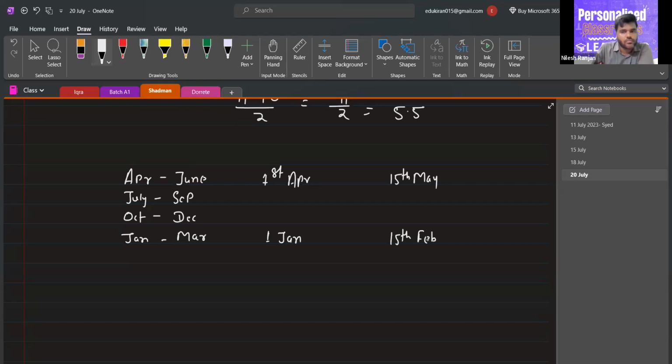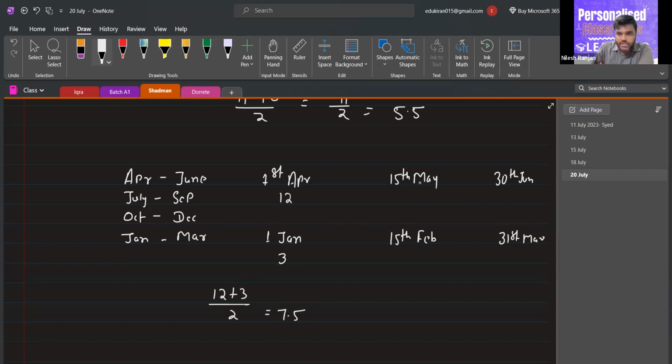And if it is in the end, then 30th June here and 31st March here. So 1st April, 1st January, it is 12 months from here, and it is 3 months from here. So 12 plus 3 divided by 2, it is 7.5.